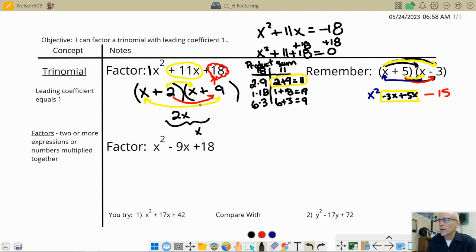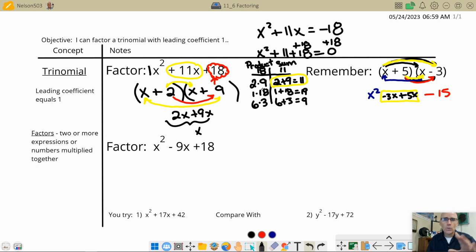And when I multiply out here, I get 9x. So this is how we factor a trinomial with a leading coefficient of 1. You put a little table down and you try to figure out what these two factors need to be to give you 18 and what these two need to be to add together to give you the middle term. And the table will help us out a little bit, okay?